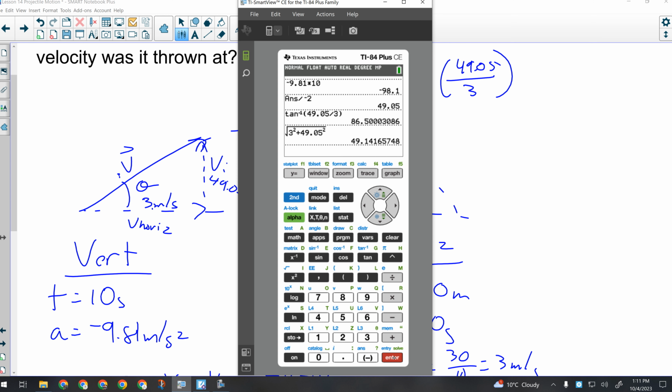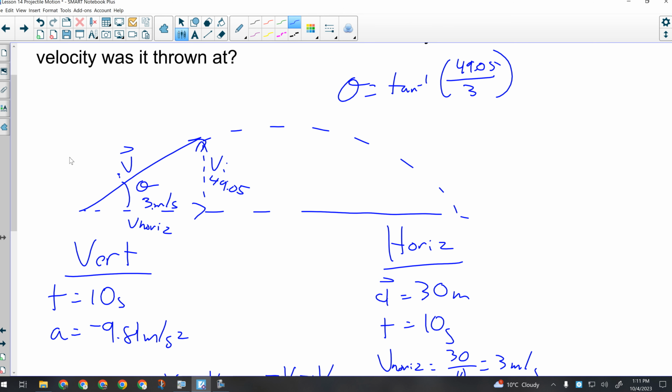That triangle is so steep that there's almost no difference between the opposite side and the hypotenuse. So our final answer is 49 meters per second at 87 degrees above the horizontal.